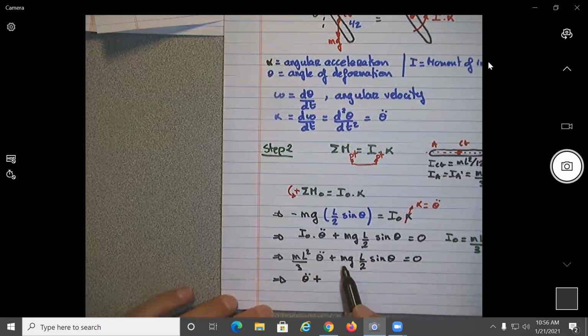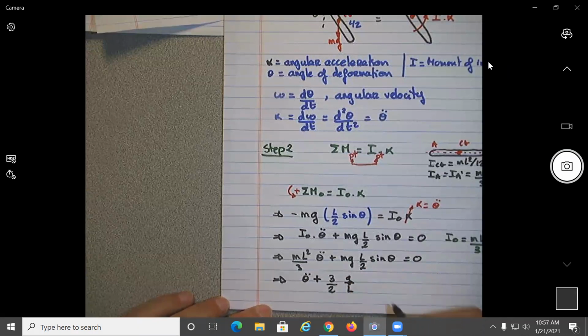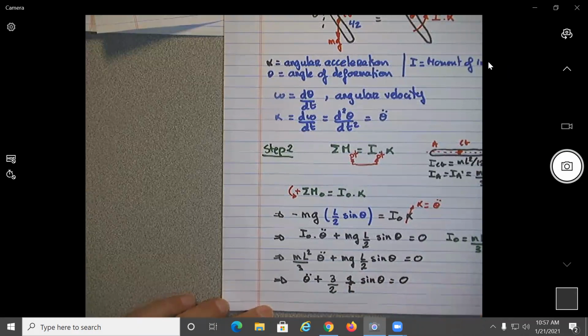The m will disappear, one of the L's will disappear. So we have 3 over 2 g over L sine theta equal to 0.